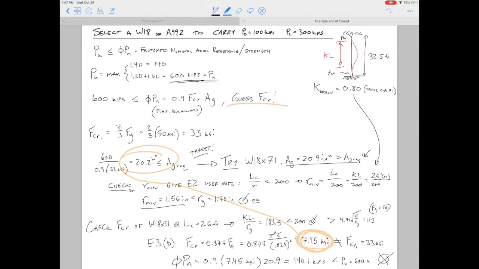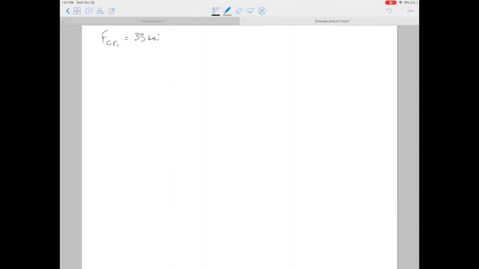So what I should do is pick something between. Next guess, I'm going to go in between these two. Let's split the difference. That's about 20 KSI, right?